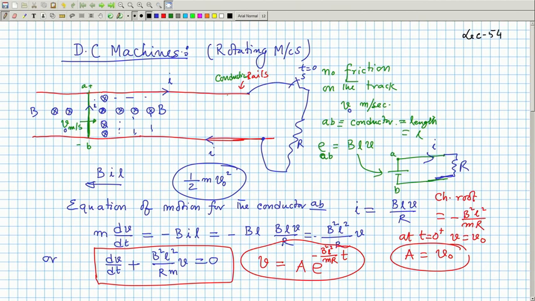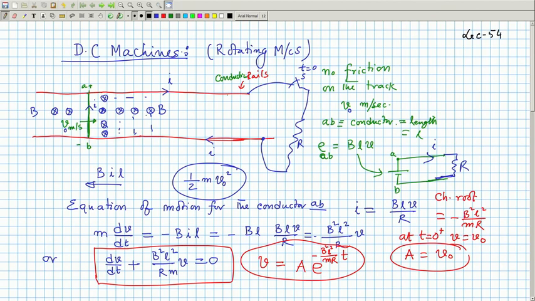Since it is frictionless, you do not require any force to be applied to the conductor to make it run at a constant velocity v naught. Nonetheless, it is moving from left to right, and there is also a magnetic field perpendicular to the paper, from top to bottom. That is why I have shown it as crossed B.